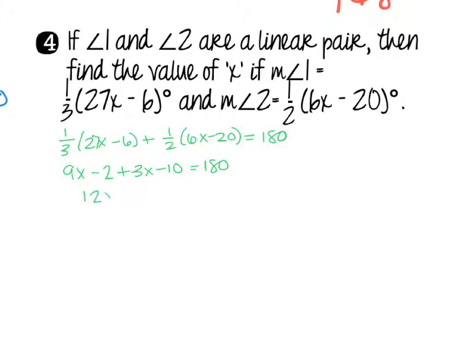So 12x minus 12 equals 180. So then 12x equals 192 and x equals 16. And this one, all it asked me for was the value of x, so I'm good.